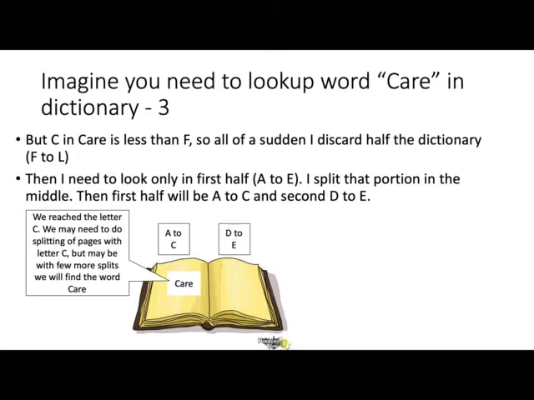So I may have to split those too. But we have reached the letter C. We may need to do splitting of pages with C. But with a few more splits, we'll find the word care. So that's the principle behind binary search.